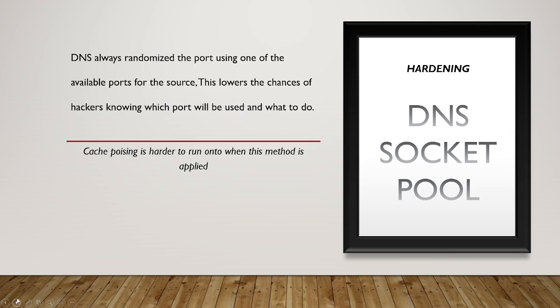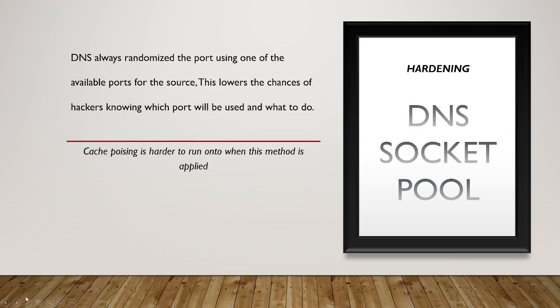It's not going to be able to go back to that port each time. It's going to randomize it. So this is kind of cool. Like I said, it reminded me of a game, essentially. This is a really great method that I definitely would use. And then things like cache poisoning won't happen and all the great stuff like that. So DNS socket pool is a great hardening feature.